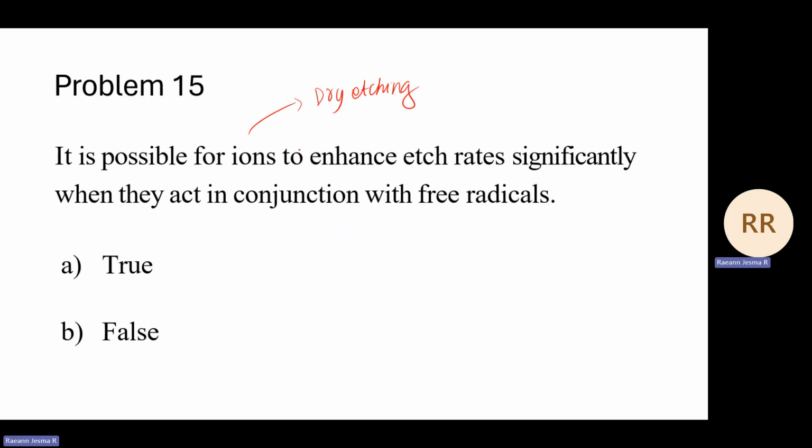It is possible for ions to enhance etch rate significantly when they act in conjunction with free radicals. In dry etching, there are different types. In one, we have only free radicals.